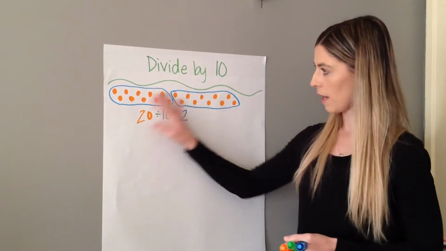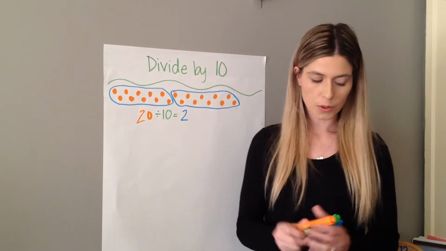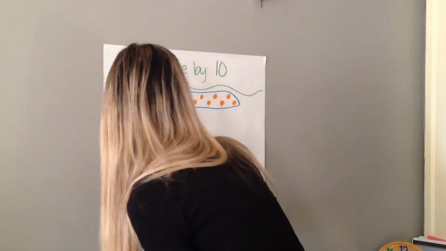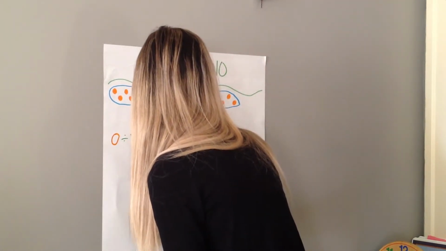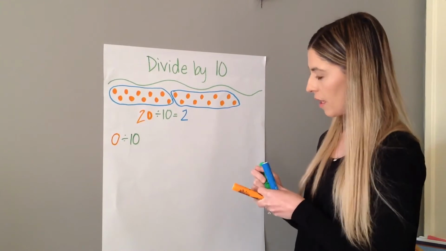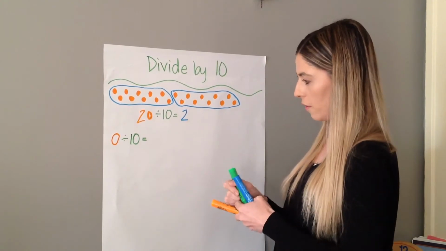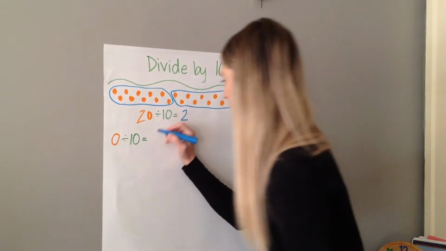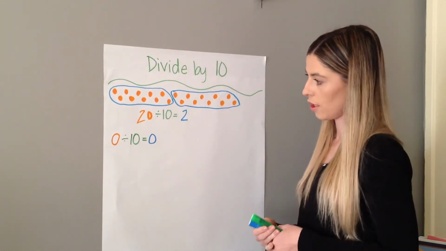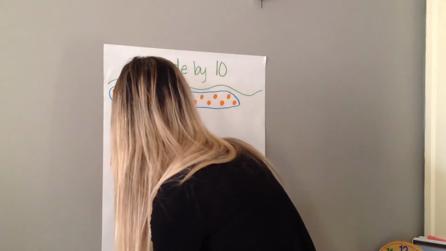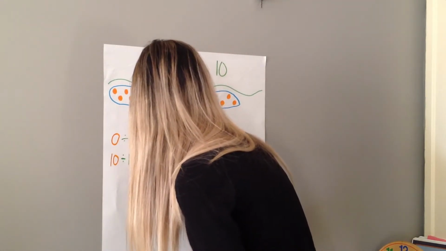So let's practice the rest of our 10 division facts. We'll start with 0 divided by 10. Now this one's easy because the answer is 0. Because if we took a 0 off of 0, it would still be 0. That doesn't change the answer. Okay, so our next one that we would actually jump to would be 10 divided by 10.